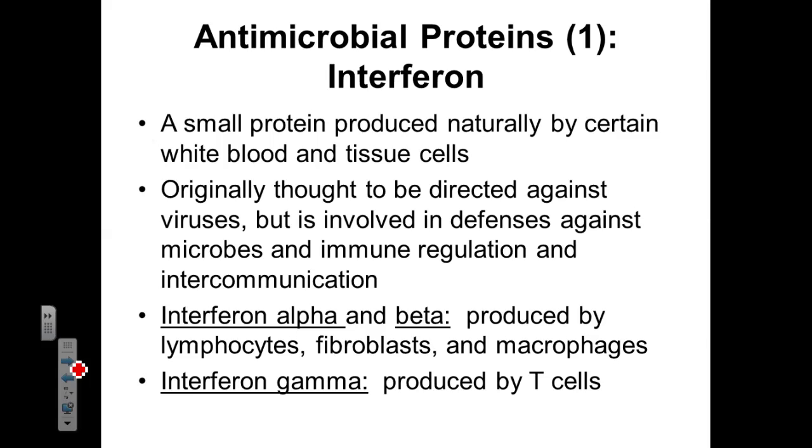Some of these specific antimicrobial proteins include interferon alpha and beta and interferon gamma. So alpha was discovered first, then beta, then gamma. Think of the Greek alphabet: alpha, beta, gamma, delta, kappa, and so on and so forth. So interferon alpha and beta are going to be made by our lymphocytes, fibroblasts, and macrophages, and interferon gamma is produced by our T cells.